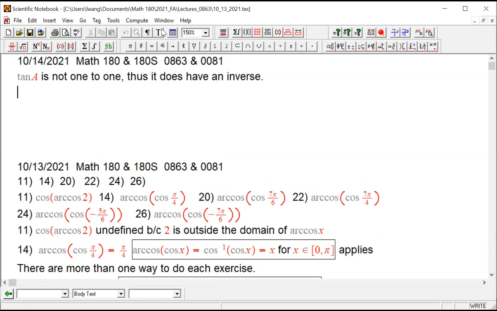And then of course, how do we make it have an inverse? We truncate, just the same technique we use for sine and cosine to produce arc sine and arc cosine.